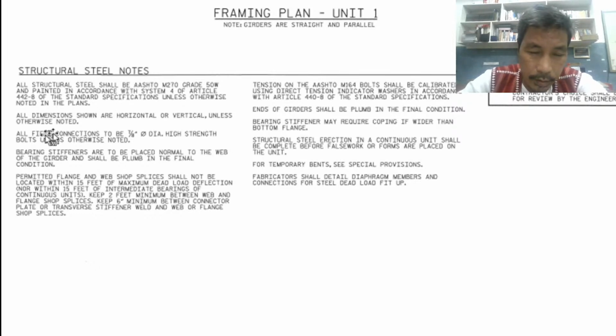Number 2, all dimensions shown are horizontal or vertical unless otherwise noted. That is understandable, to be easily readable, to easily communicate to the construction engineers and project engineers. Number 3, all field connections to be 7/8 inch diameter high strength bolts unless otherwise noted.